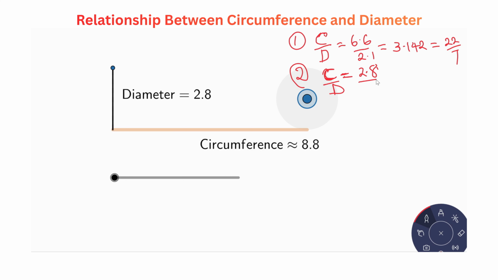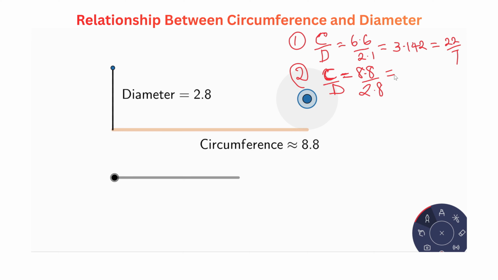I'm not doing the right thing. It should be circumference over diameter. Circumference is 8.8, and the diameter is 2.8. So divide your 8.8 by 2.8.